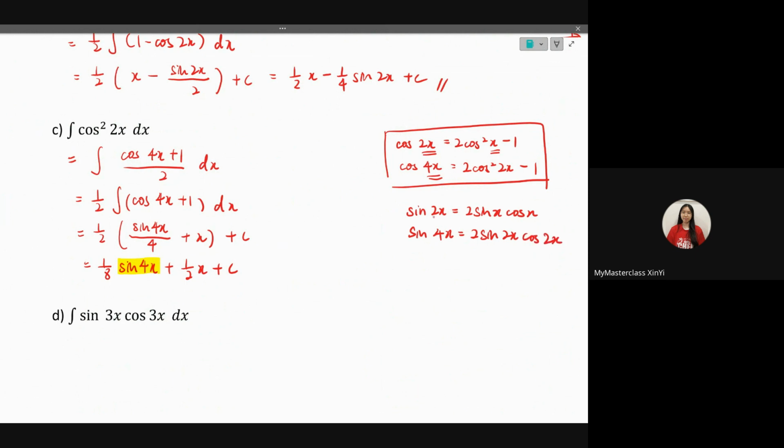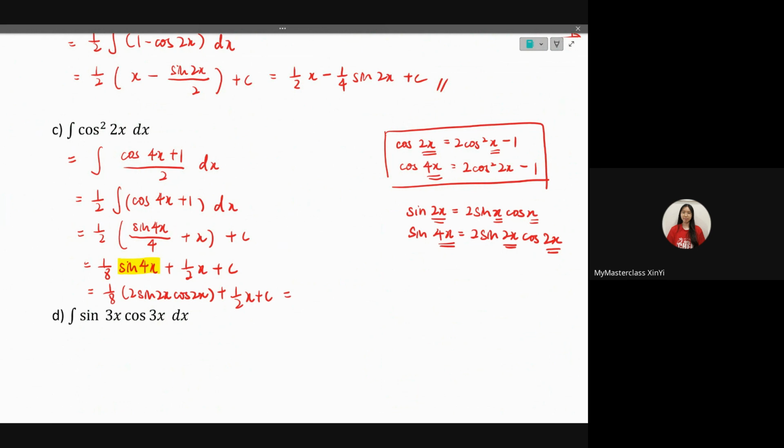So see here, it means I can actually replace this as 1 over 8 times 2 sine 2x cosine 2x plus half x plus c.